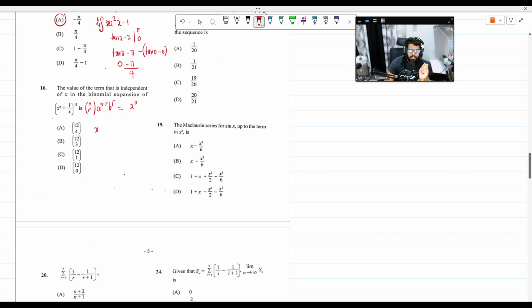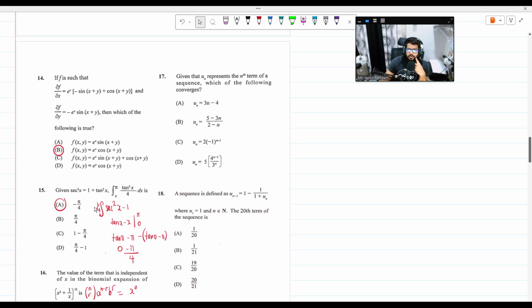So we're going to get x squared to the 12 minus r multiplied by x to the minus 1 to the power of r is equal to 0. 24 minus 2r minus r is 0. And we did get r is 8, so the answer was 12C8. And we show that 12C8 and 12C4 are the same thing when we punch it in the calculator.